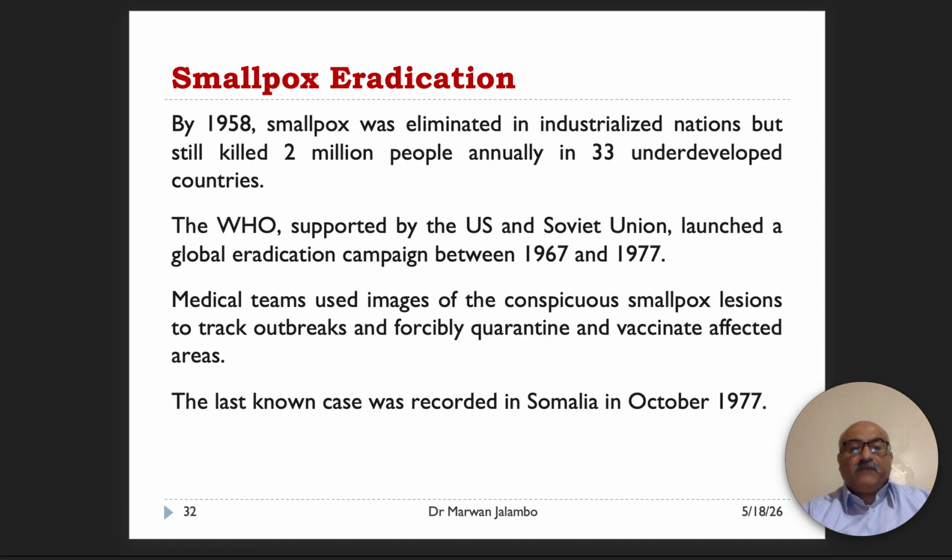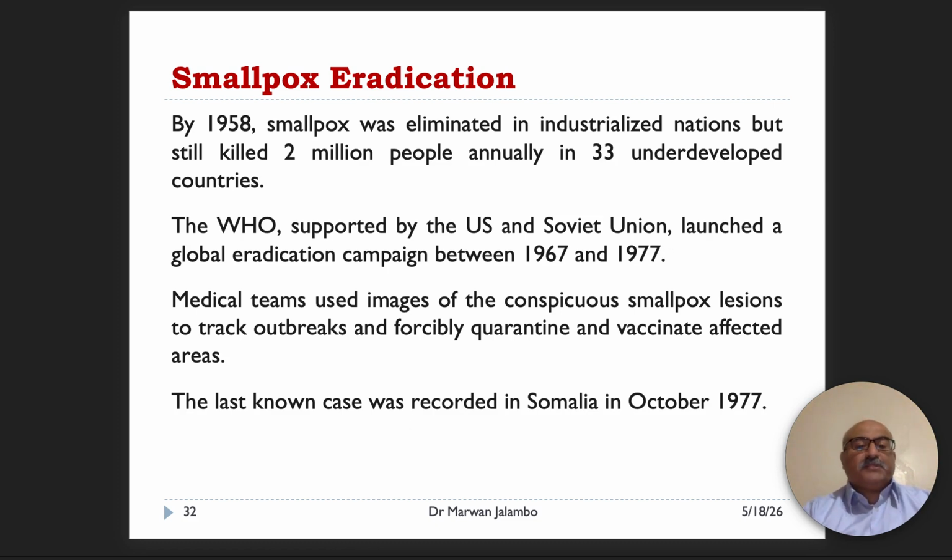By 1958, routine immunization had eliminated smallpox in industrialized countries, but it was still killing 2 million people a year in underdeveloped nations. The WHO, with support from the United States and the Soviet Union, launched a global eradication program between 1967 and 1977.